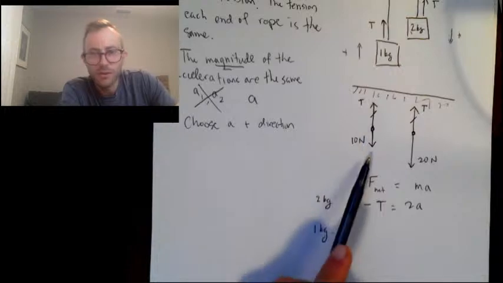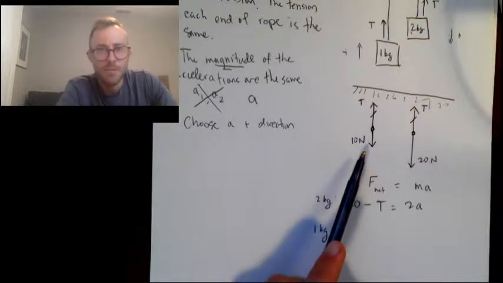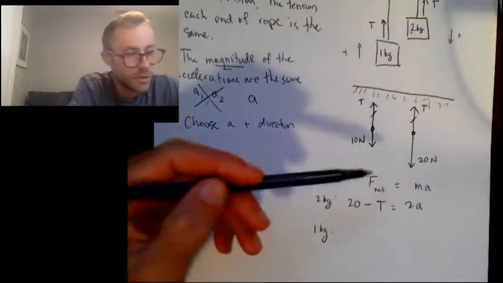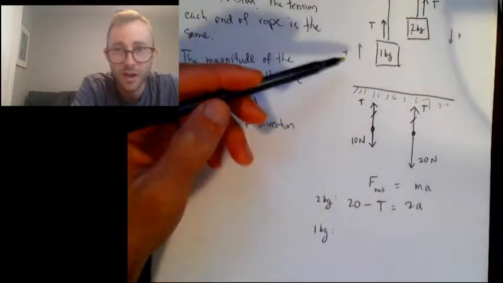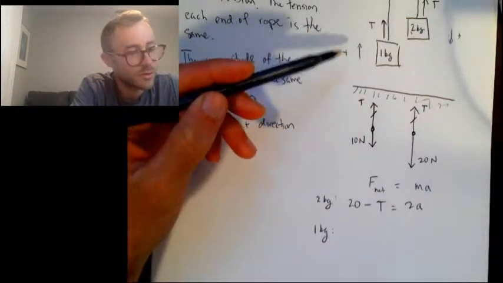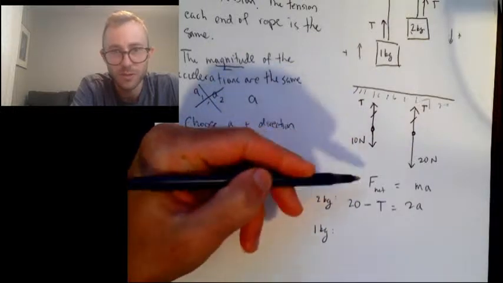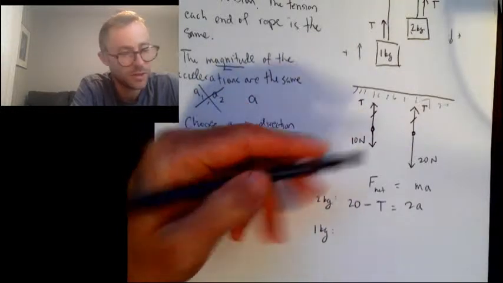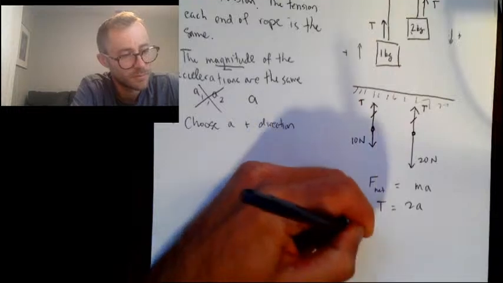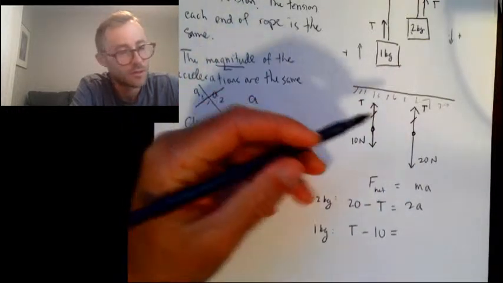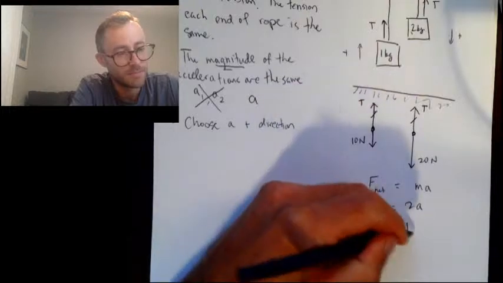Now let's look at the 1 kilogram mass. The 1 kilogram mass has upward as the positive direction. So its net force is going to be up force minus down force, T minus 10, and that equals m a, so 1a.